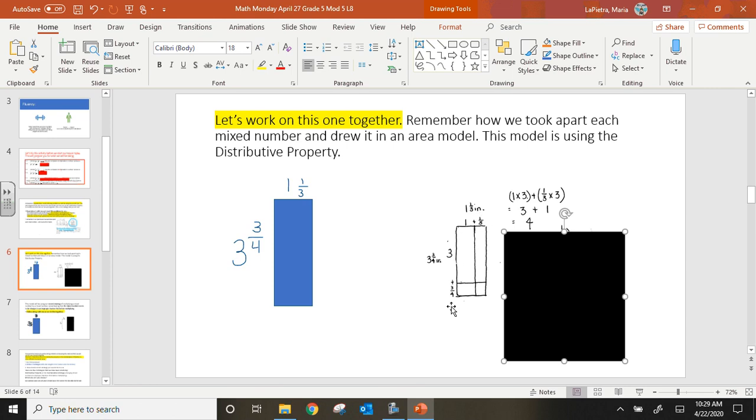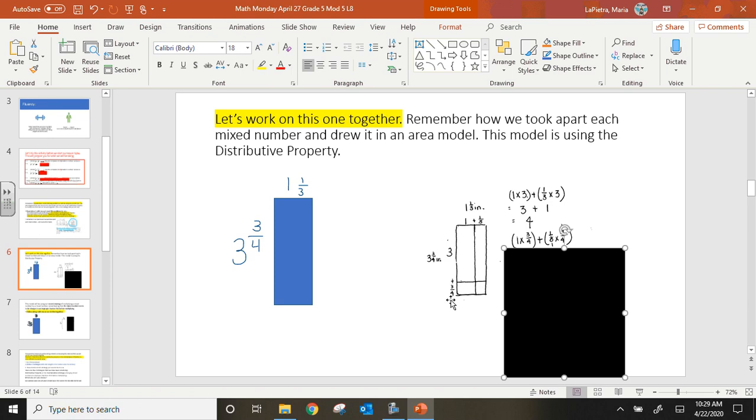Okay, now we're going to use the 3/4. So now I have 3/4 times the 1 and 3/4 times the 1/3. Okay, so 3/4 times 1 is 3/4. And 3/4 times 1/3. Remember how we did our cross multiply, or we call it canceling now. 3 can go into 3 one time, 3 can go into 3 one time, and 1 times 1, when you multiply across, 1 times 1 is 1, 1 times 4 is 4, so I get 1/4.